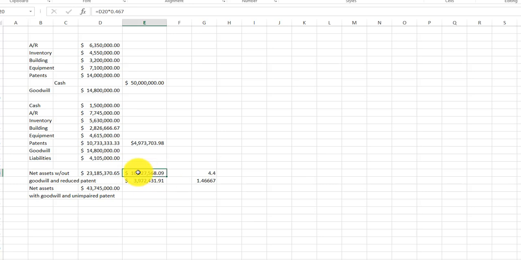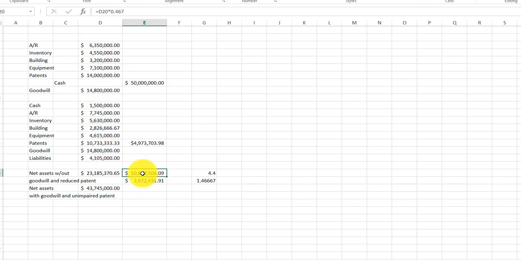If the total is worth this 23 million, okay, then the goodwill is worth the amount over 1 times the assets. So if you think about it as 1 times the assets and then the 0.47, all right, that means that the goodwill is impaired to the tune of the difference between this number and this number.